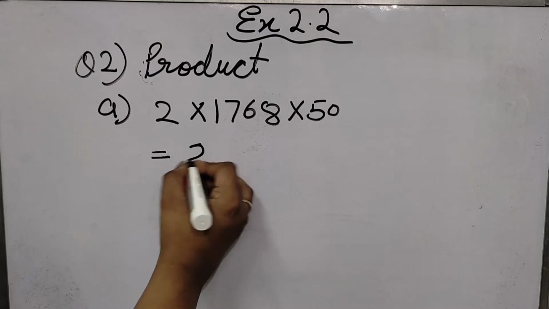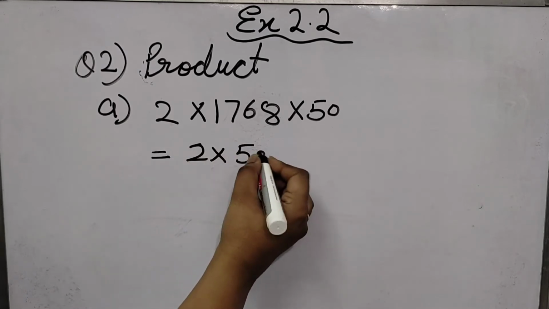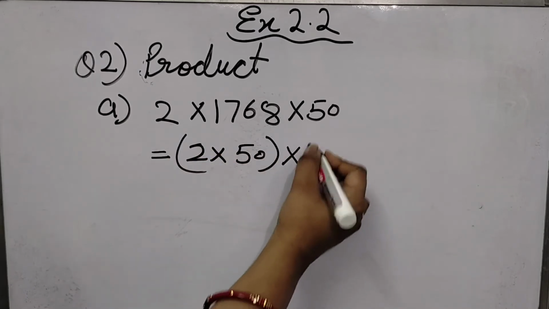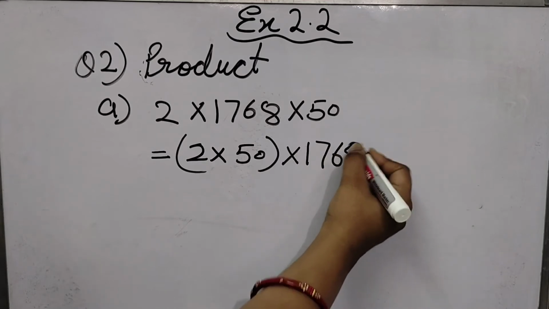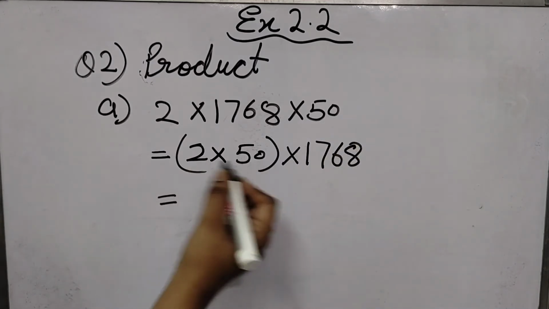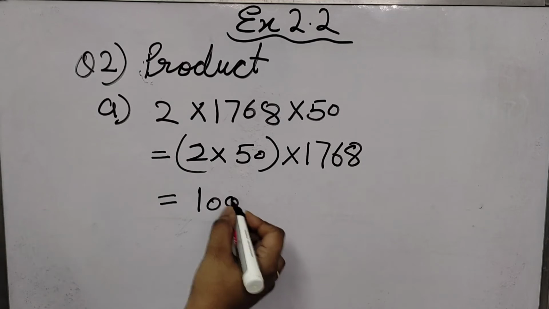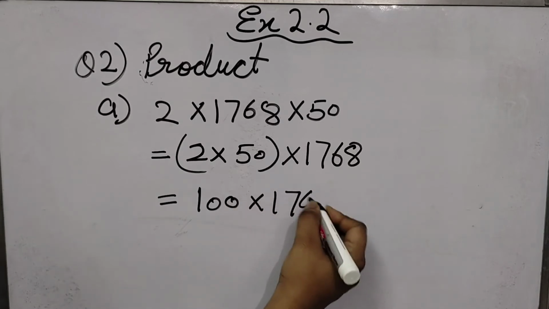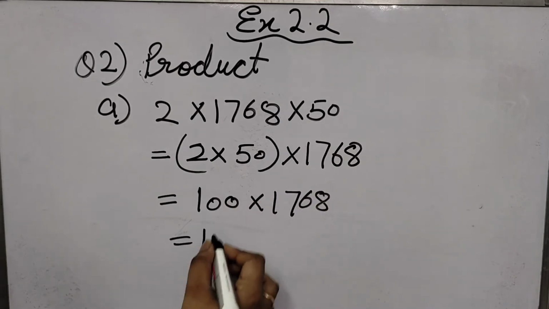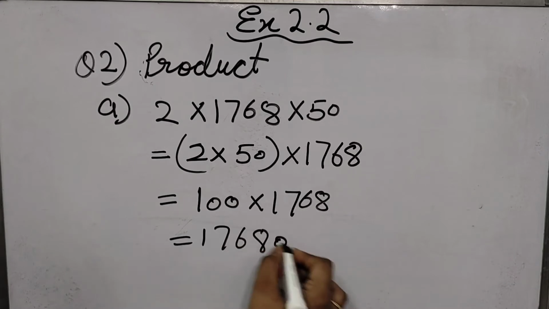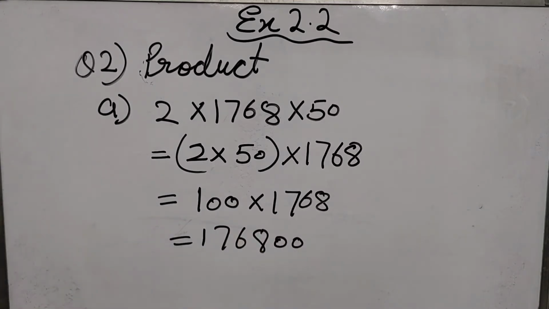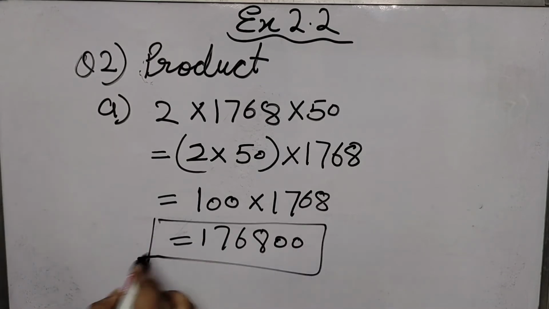So we will firstly multiply 2 and 50 and then we will multiply it to 1768. So 50 multiplied with 2 is 100. This makes our calculations easier. So this is your answer, 1,76,800.